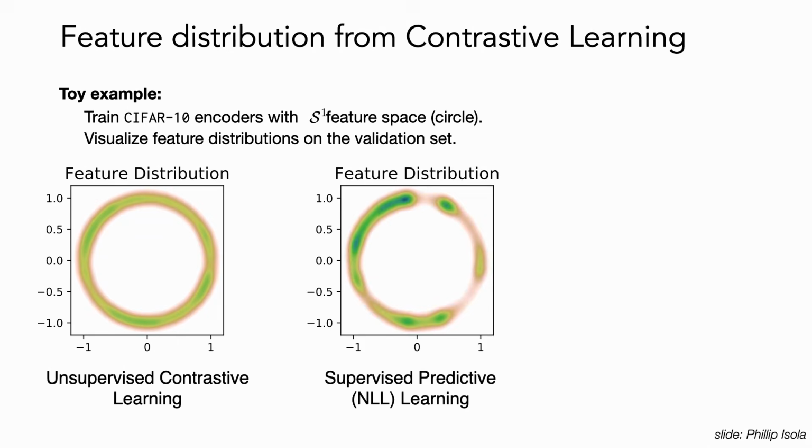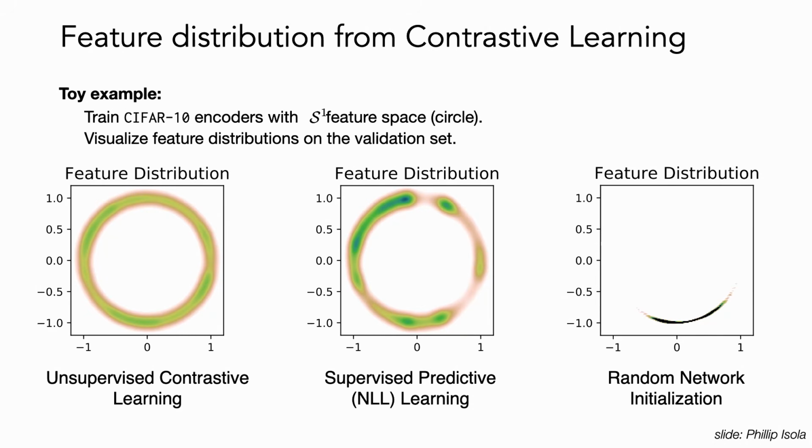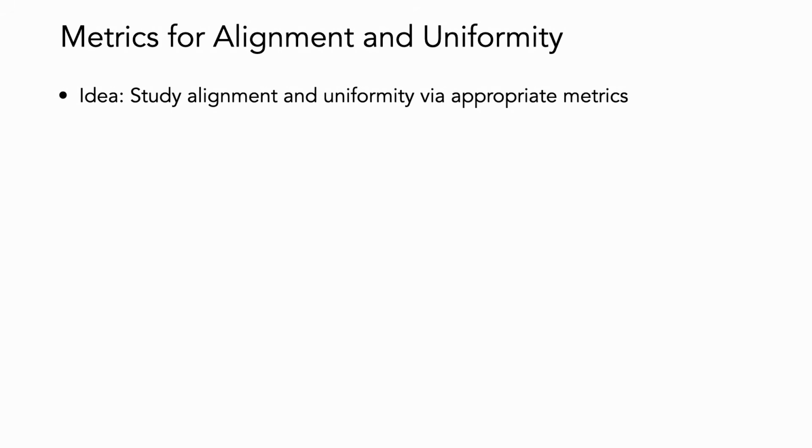Whereas if you use supervised predictive learning, you get a feature distribution that's not uniform. And if you just randomly initialize the network, it's far from uniform, right? We really don't get anything close to this uniformity. So you can see that it's actually happening, right? Something in the way that we're doing this unsupervised contrastive learning is really pushing and enforcing uniformity across the data points.